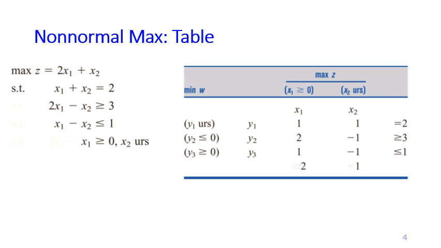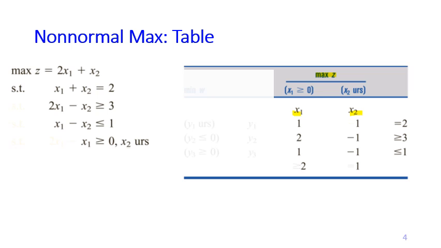Just like before, we're going to use this table to put the information about the primal and then use it to find the dual. Because the primal is a maximization, I'm going to first cover the minimization part because it is related to the dual. So this is our given primal problem. It is a maximization, and we have two variables, x1, x2.